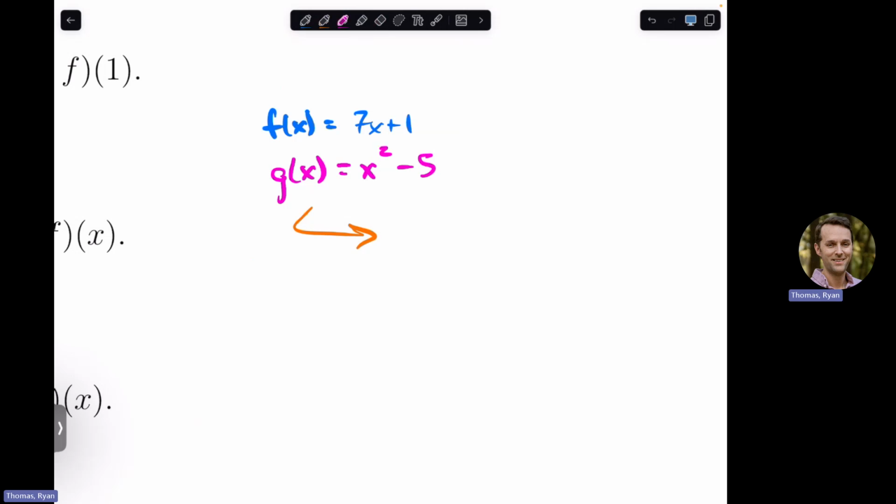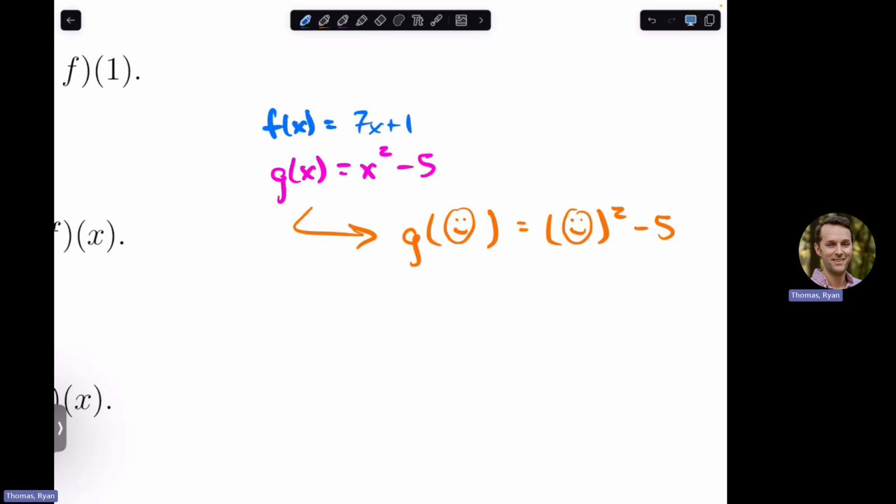What we're using that for is just a placeholder for something else that we're going to fill in. So when we say that g of x is x squared minus 5, what we really mean is the g of anything is that same thing squared minus 5. Whether it's x or 17 or some other function we're going to feed into it, you square that thing and then you subtract 5 from it.